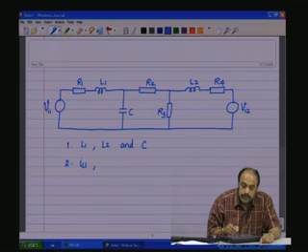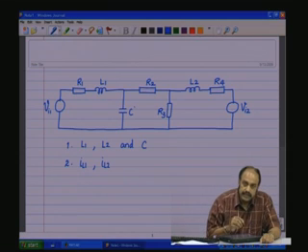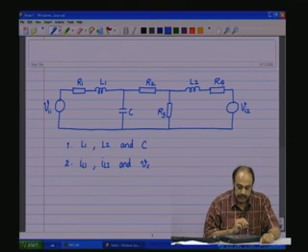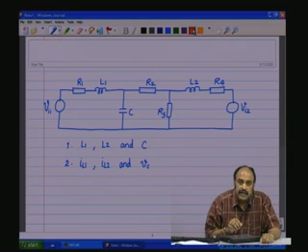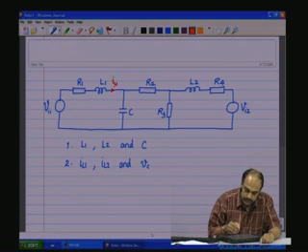Then the current through L2, let us name it IL2, and then the voltage across C, we will name it VC, voltage across C. And let us also indicate these state variables in the circuit. So, we have IL1 here, and IL2 here.